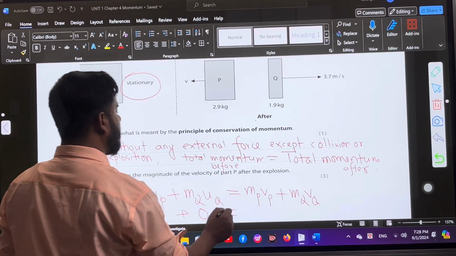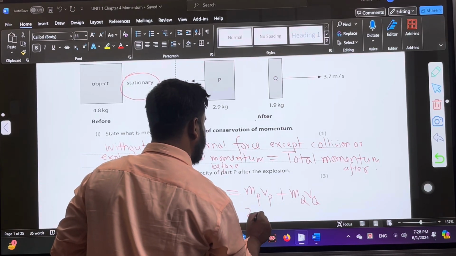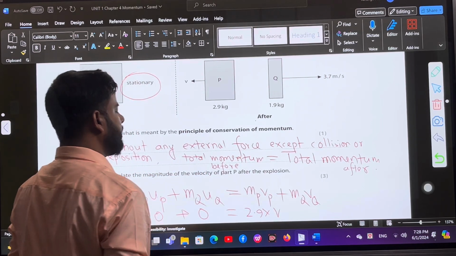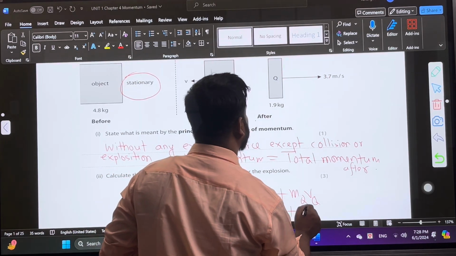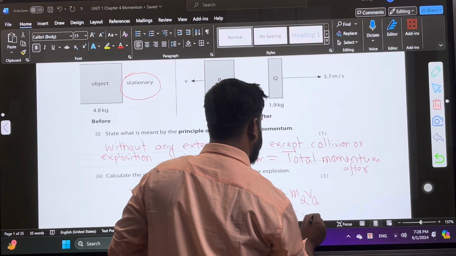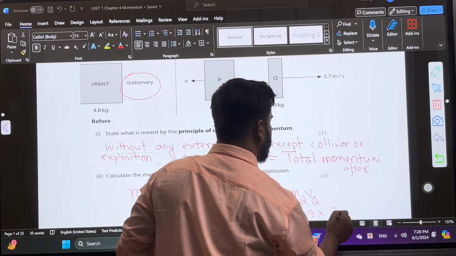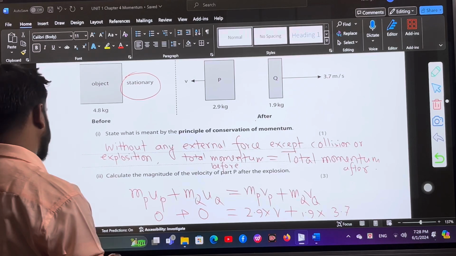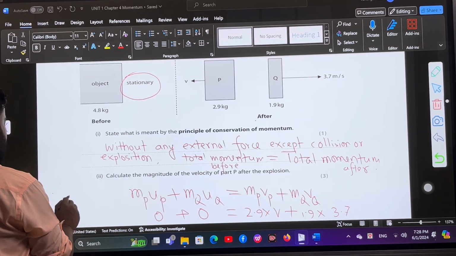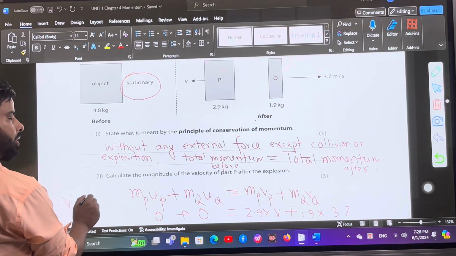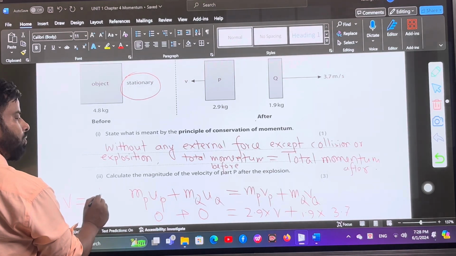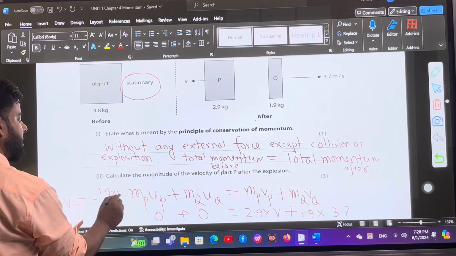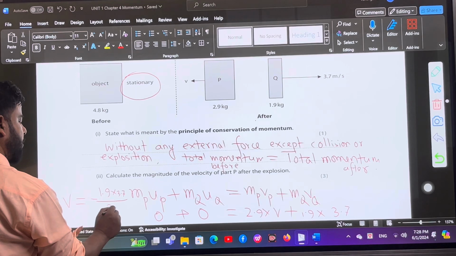After, the mass is 2.9, we have to find the velocity, and the mass of the Q part is 1.9 and velocity is 3.7 meter per second. So after calculation we get V equal to minus 1.9 times 3.7 divided by 2.9.